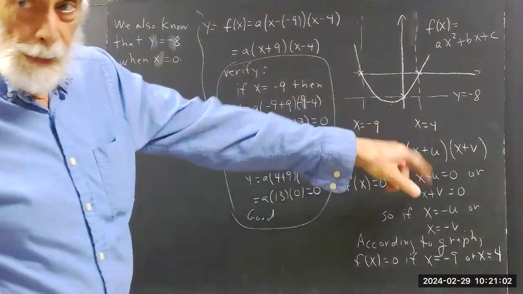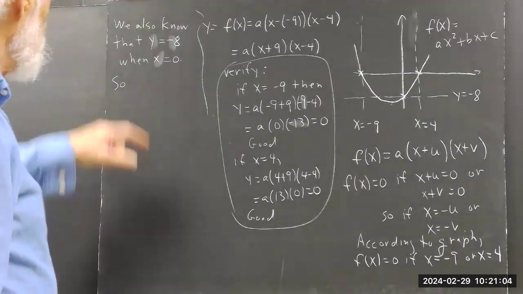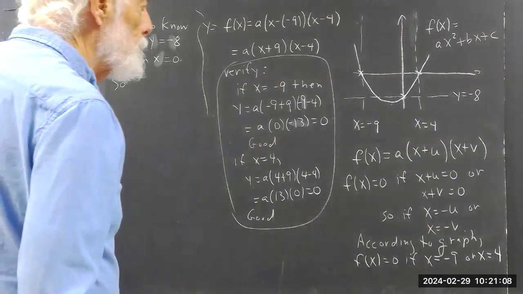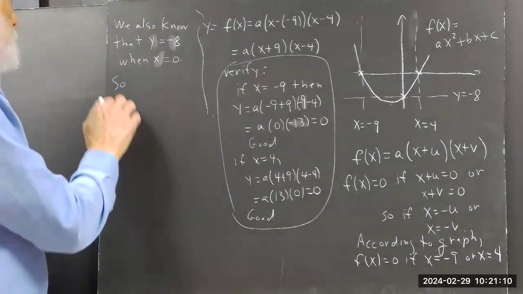That's the first thing my eye caught, and that's what I wrote down. Okay, y is -8 and x is 0. Be careful.